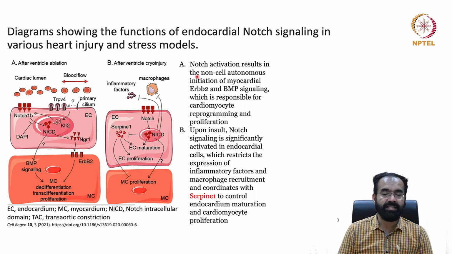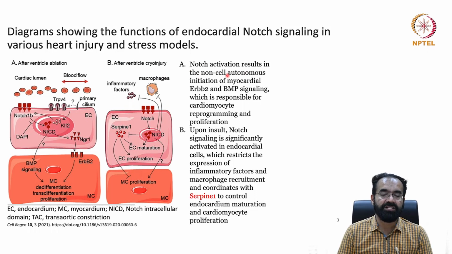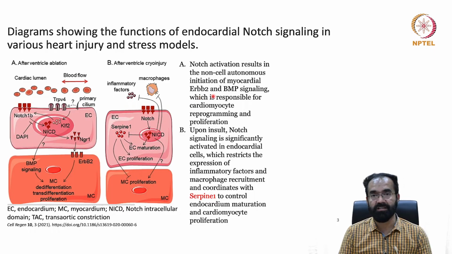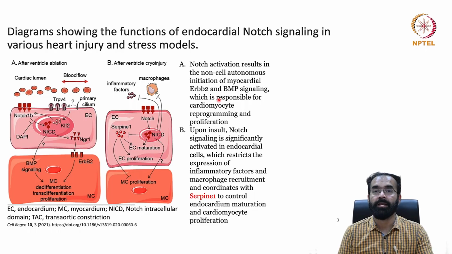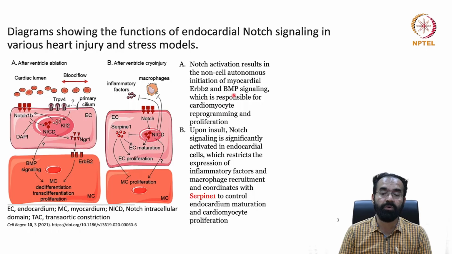What we are seeing here is that notch activation results in the non-cell autonomous initiation of myocardial ERBB2. Remember, we saw in the previous class about ERBB2, whose ligand is not known, but it is important in the EGF signaling, and ERBB2 and the BMP signaling are responsible for cardiomyocyte reprogramming and proliferation.